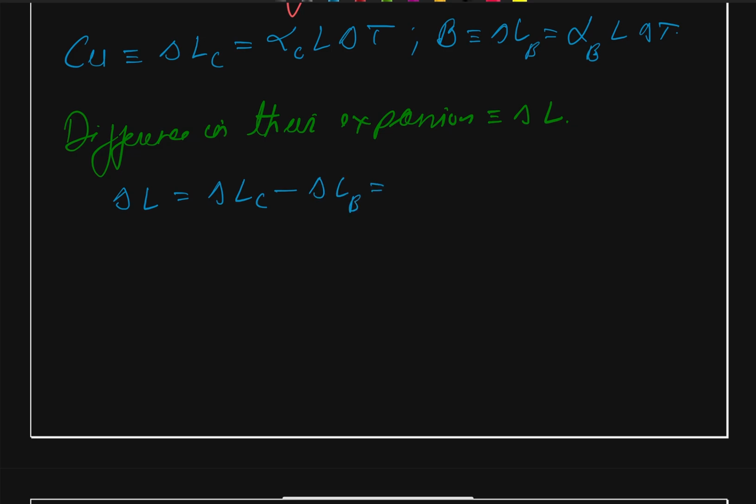We get from here (alpha C minus alpha B) L times delta T.